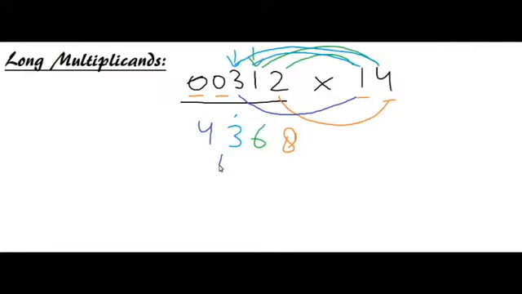And it doesn't matter how long the multiplicand is, we have to do the same procedure. Let me write a really big number. Let's say 532104002 times 64.